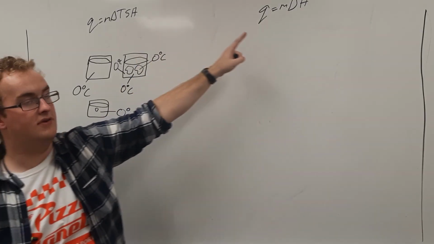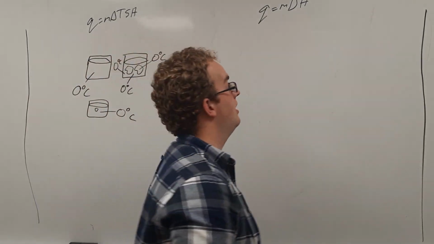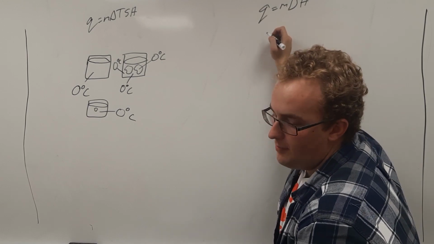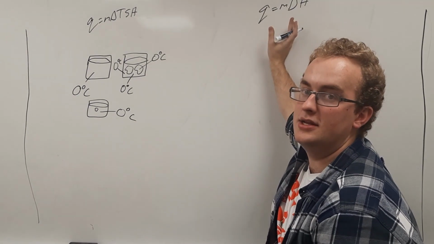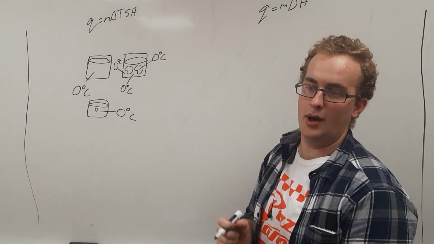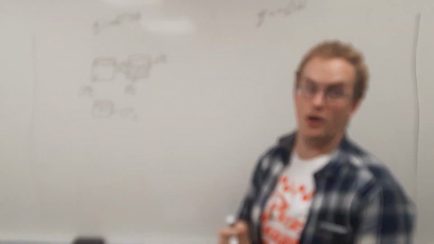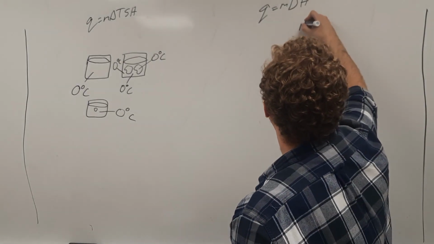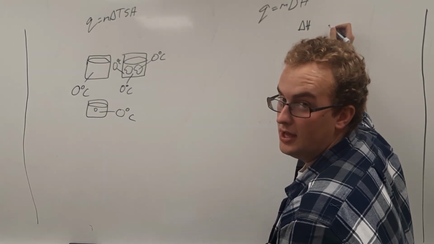So that's why we have a different equation, this one over here. Basically, chemists said, how about we just measure the amount of heat it takes to change 1 gram of a substance from ice to water, or from water to steam, right? That is what your delta H is. It's your change in enthalpy.